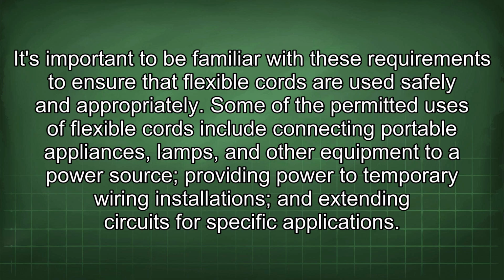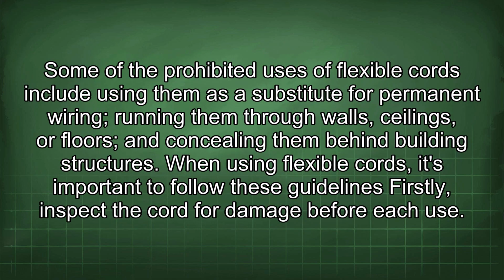Some of the permitted uses of flexible cords include connecting portable appliances, lamps, and other equipment to a power source, providing power to temporary wiring installations, and extending circuits for specific applications. Some of the prohibited uses include using them as a substitute for permanent wiring, running them through walls, ceilings, or floors, and concealing them behind building structures.